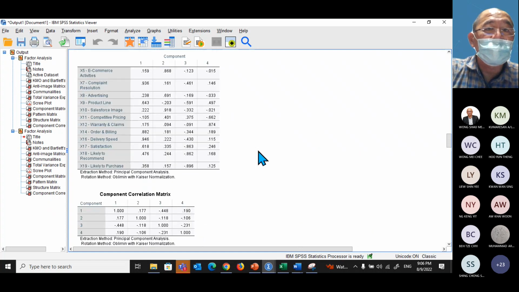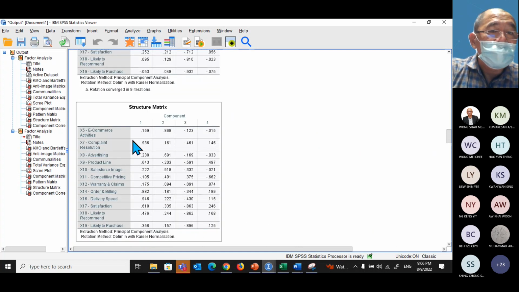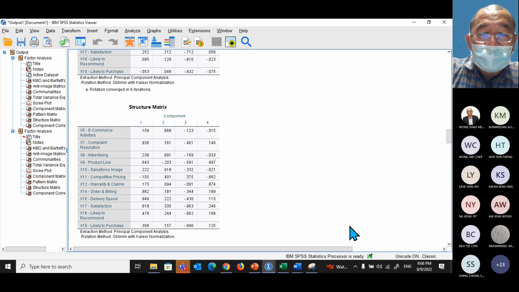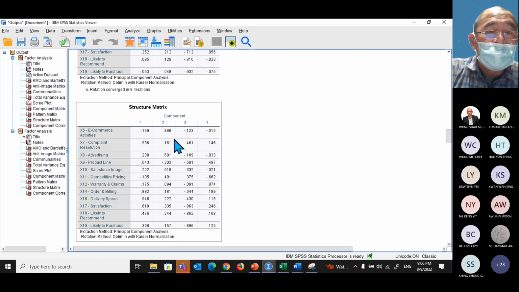Based on the result just now, structural matrix, can you see? Just now the minimum was 0.488, then 0.89, and then 0.6-something.